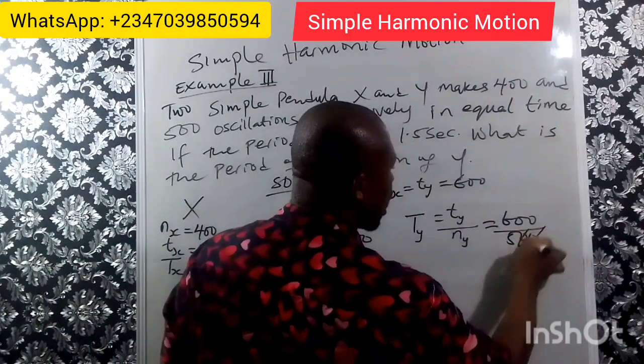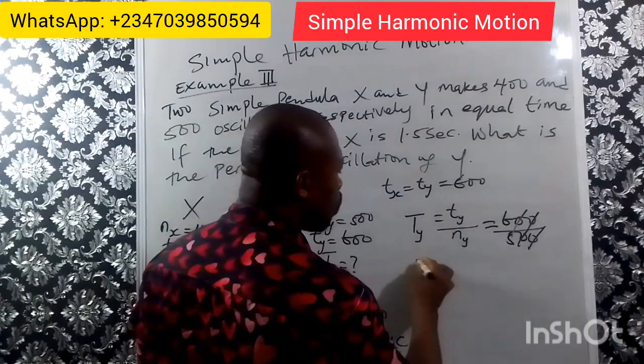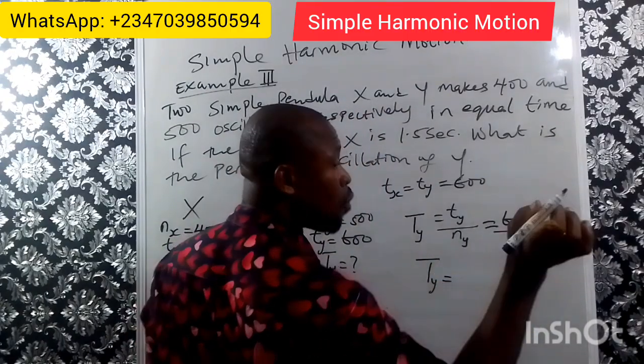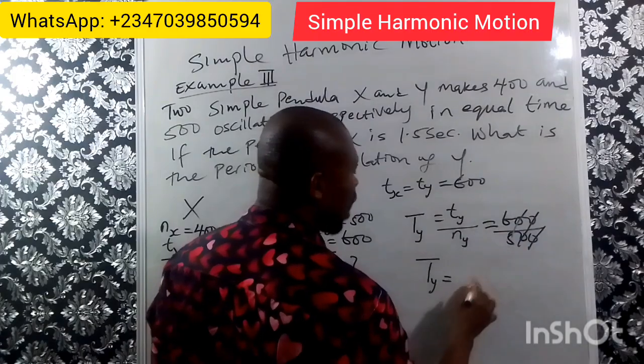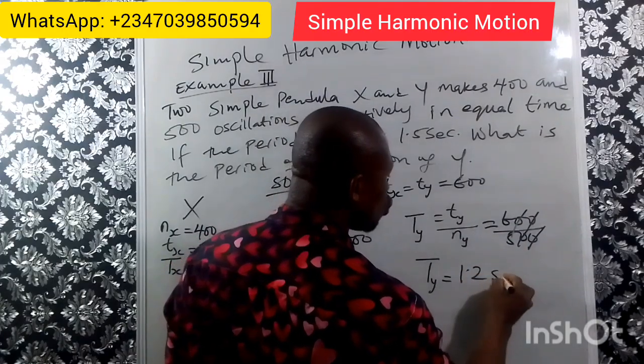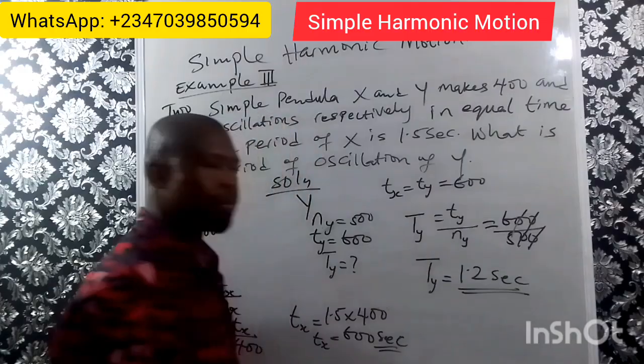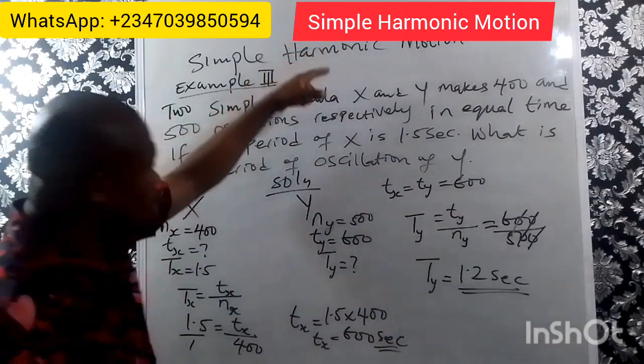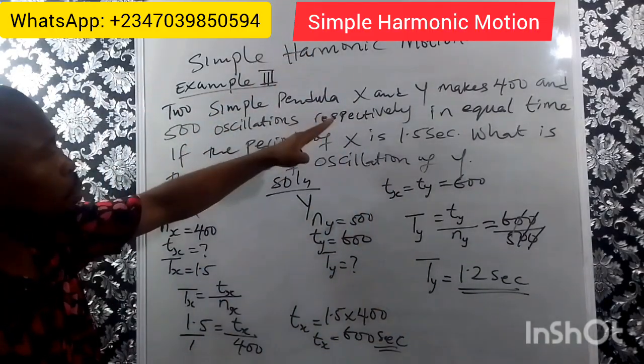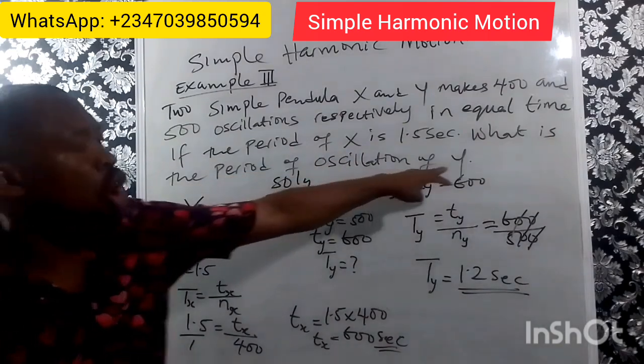Of course, from here we can cancel. Therefore, the period of oscillation for Y, to punch your calculator, 6 over 5 will give us 1.2 seconds. So from here, we have been able to get the period of oscillation of Y.